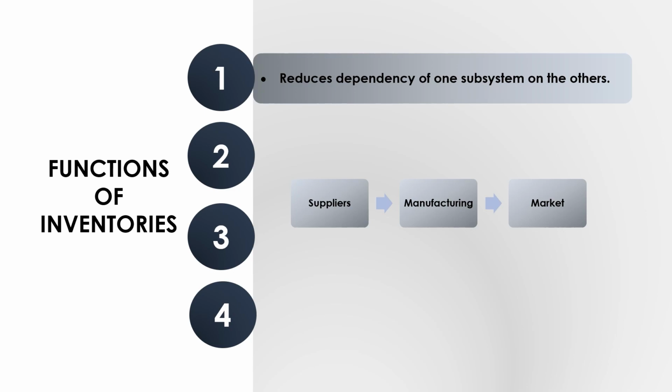For example, if production output stops in manufacturing because of some reasons such as power failure, machine breakdown, a strike, etc., then it will not be possible to supply the goods in time to the customer, hence affecting the market subsystem. Similarly, if suppliers fail to supply raw materials and purchase parts in time, then the manufacturing subsystem and in turn the marketing subsystem will be affected.